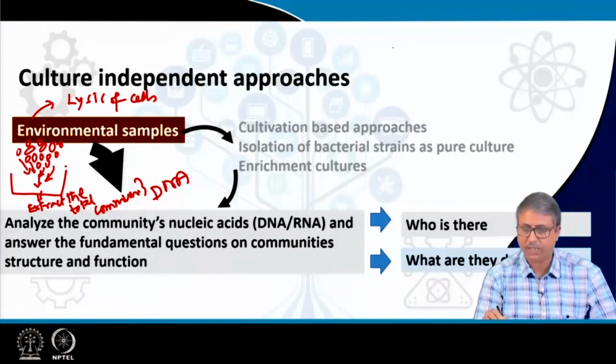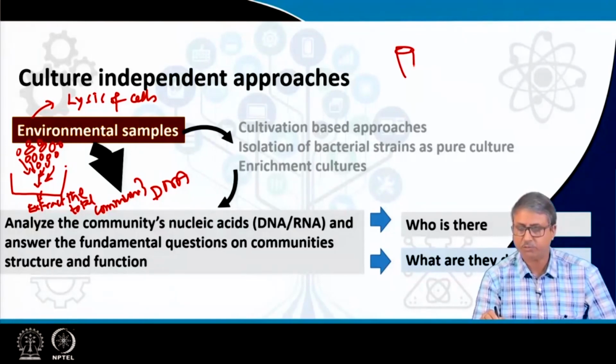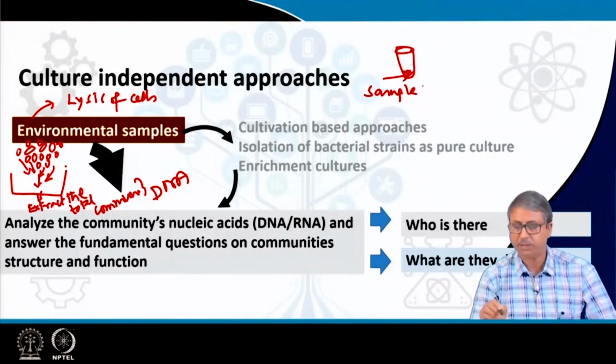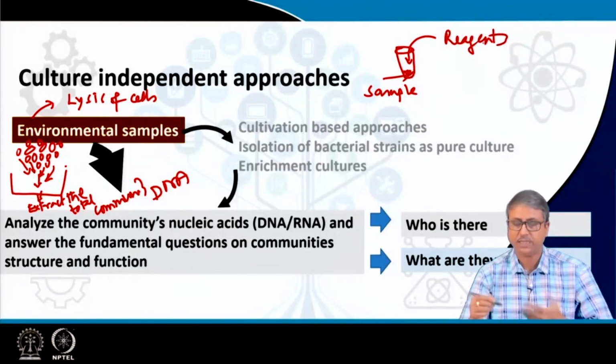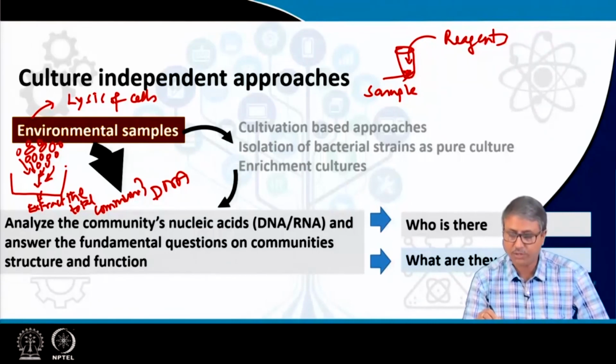So, suppose we have the sample in a small tube. So, here we have the sample. So, this is my sample. I can have multiple replicates of this, and as I add my reagents into it, these are the cell lysis reagents, all the cells present within it will be lysed.